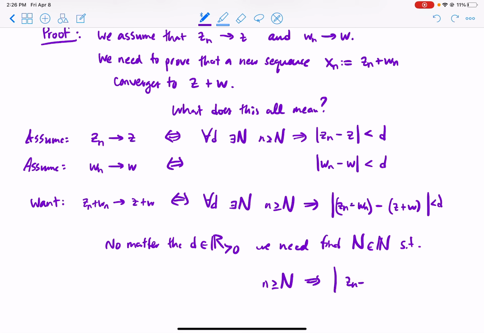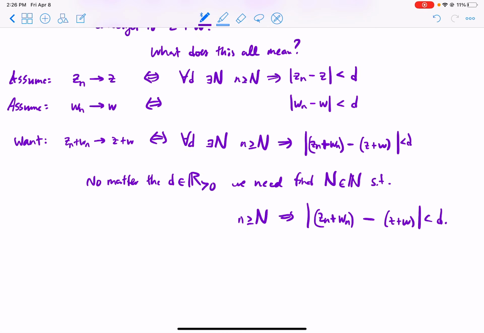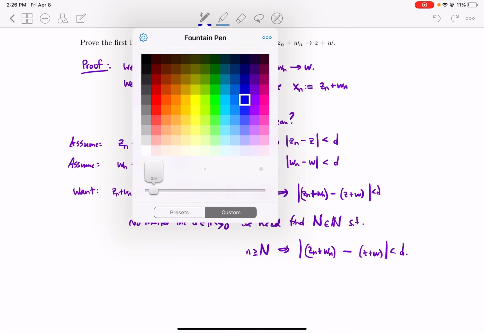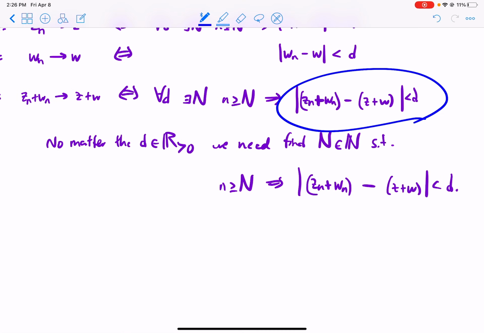Wait, what? Oh, this is a plus. Oops, this is a plus. Plus Wn minus. So you have to be very careful about this. Okay. So this is our goal, right? And so in particular, this piece is our goal. So let's calculate with this.